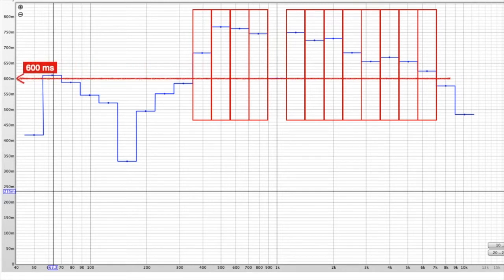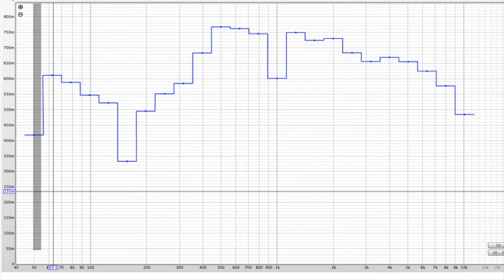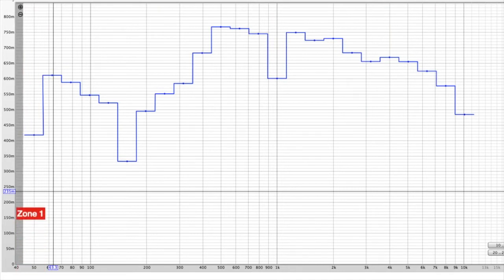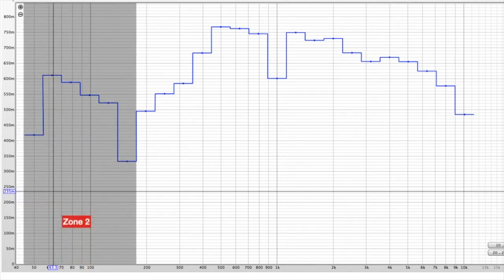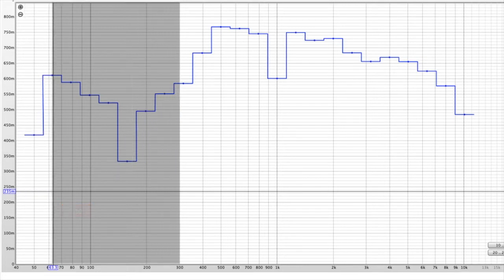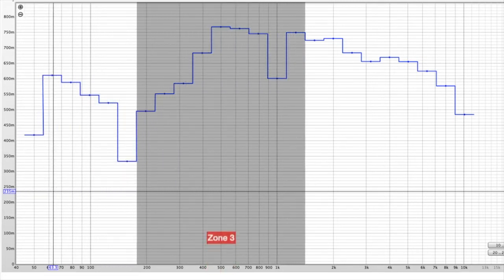Referring back to the zones as discussed in episode 2, Zone 1, these octaves were below 28 Hz, and we're going to ignore them for now as they don't show on the plot. Zone 2 covers 3rd octaves, 31.5 Hz through 160 Hz, and we're between 500 and 600 milliseconds. Zone 3 covers 3rd octaves, 200 Hz through 1.25 kilohertz, and their RT60 was between 500 and 770 milliseconds.